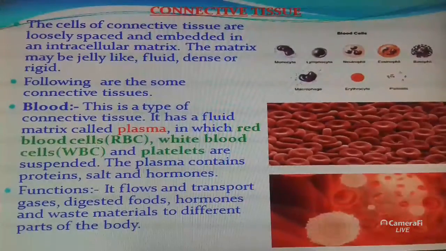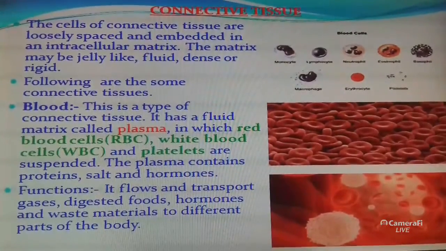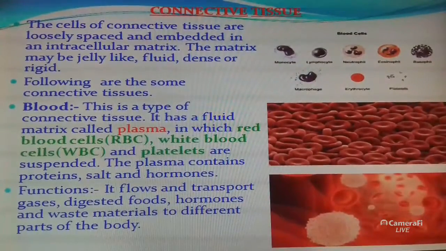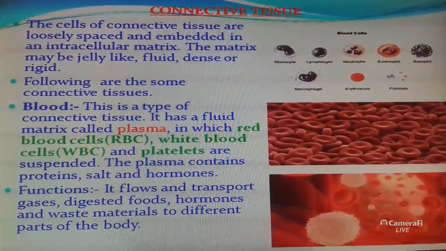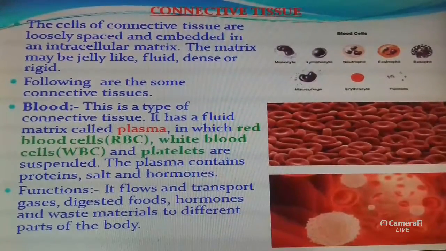Hemoglobin of RBC helps in transportation of oxygen as well as carbon dioxide. WBC means white blood cell, and it fights against disease.